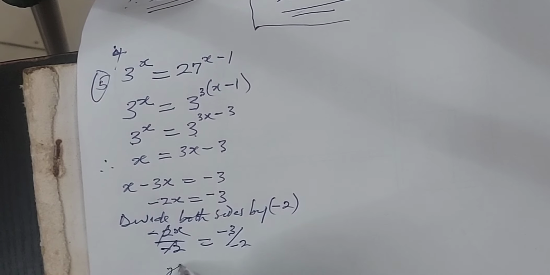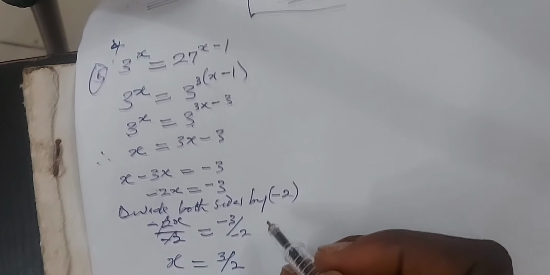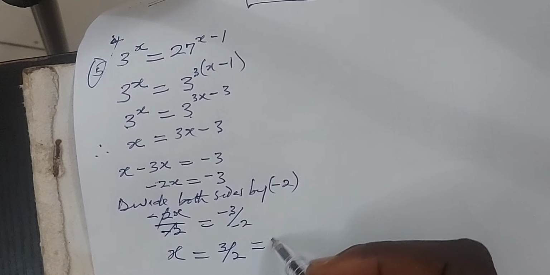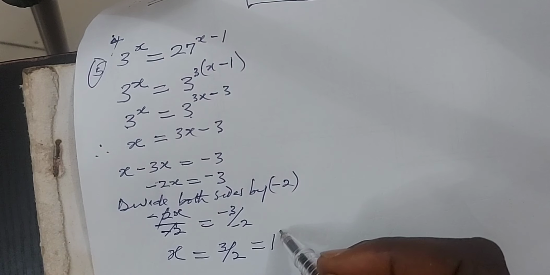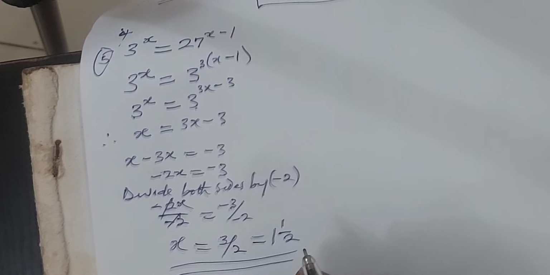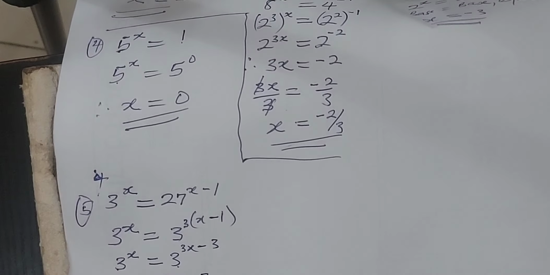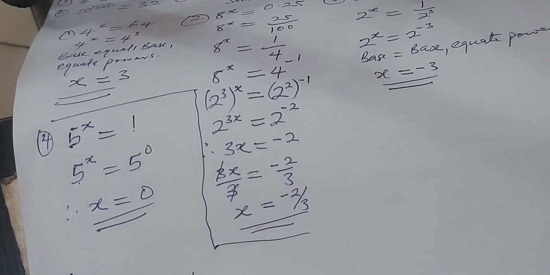You have x equals to 3 over 2, which can be simplified as 1 whole number 1 over 2. That gives the answer. So simple as ABC. Anywhere you find similar question, don't be scared. It is very easy to attend to.